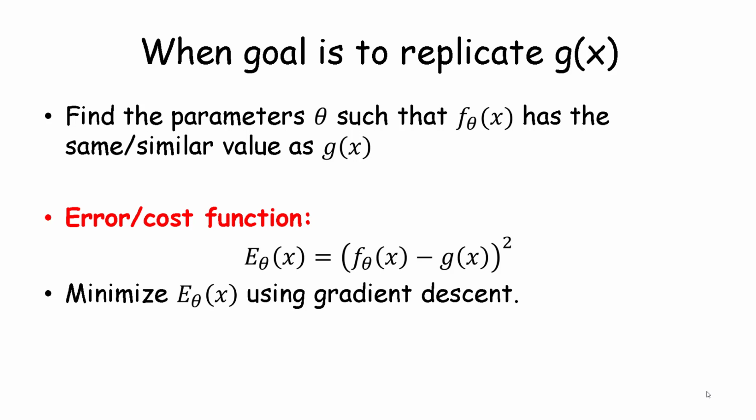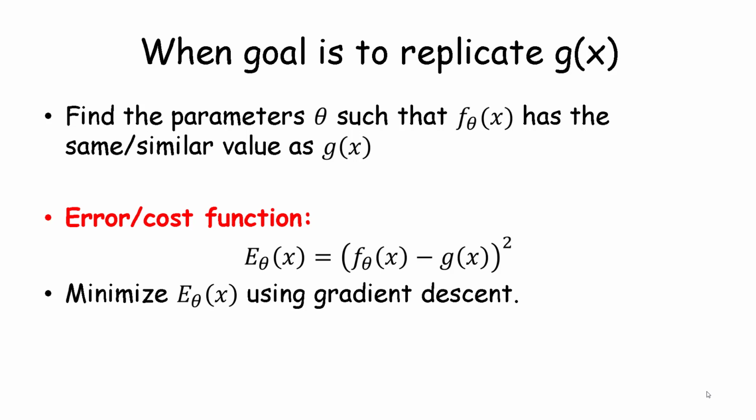Sometimes, rather than minimizing the function f of x, we may want to have it replicate another function g as closely as possible. This is typically the case in machine learning methods, where f represents the machine learning model's output and g represents the correct outputs that we wish the machine learning model would learn to replicate.